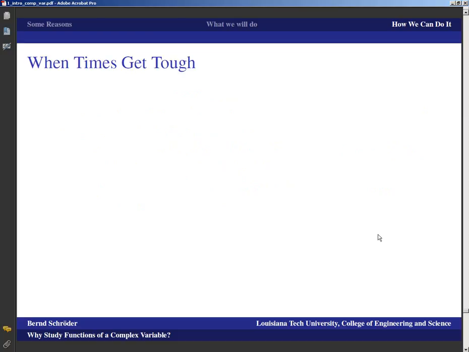And finally, hey, when times get tough, and it's likely they will, the transition to proofs and to more abstract stuff is something where almost anybody I know ultimately runs into a wall.